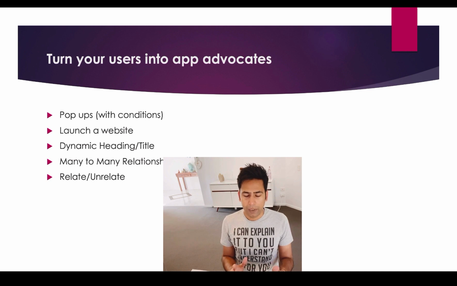We will also talk about how to make dynamic headings or dynamic titles on PowerApps instead of making them like the static ones. We'll look at many-to-many relationships, and we'll look at two very important functions which are relate and unrelate. I've combined it because it's like the same class kind of thing. Coming up right after the intro.